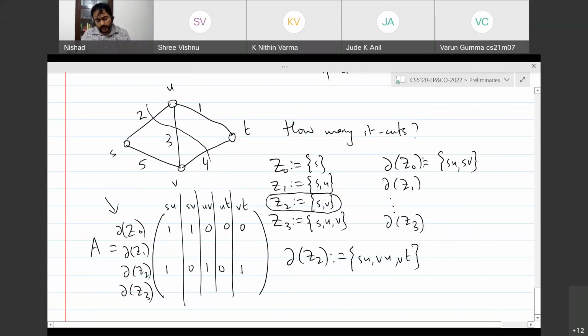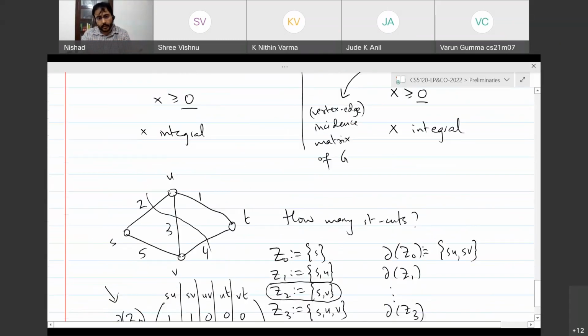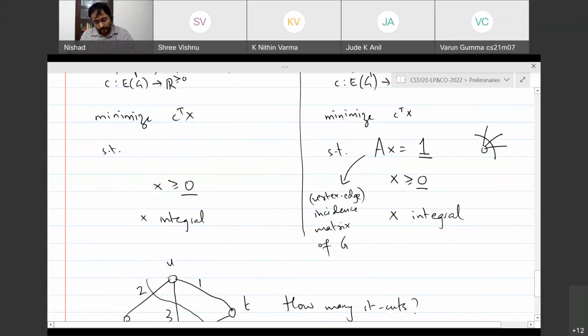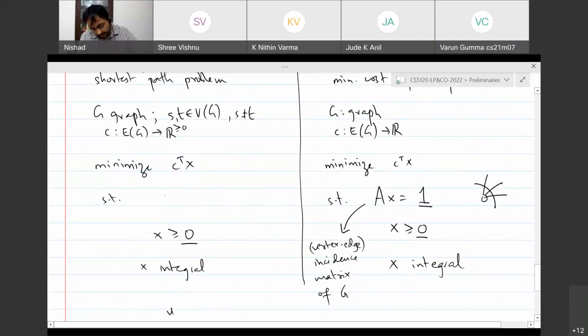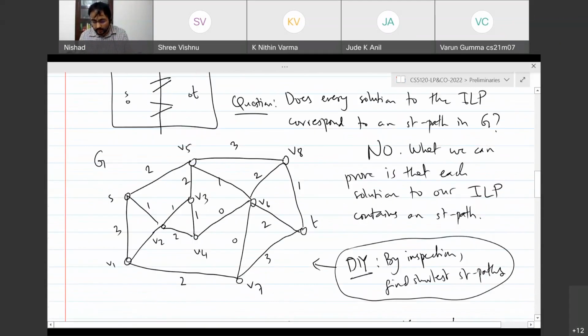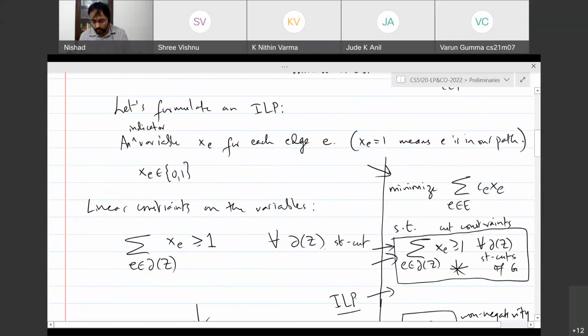So it is like an incidence matrix, but instead of the vertex and edges, we are going to put down the ST cuts as the rows and the edges as our columns. Okay, and in this case, we want AX to be at least 1. We want to make sure that for each ST cut, we are taking at least one edge.